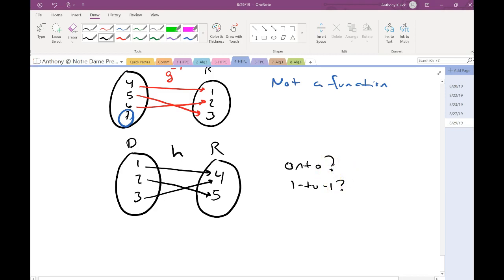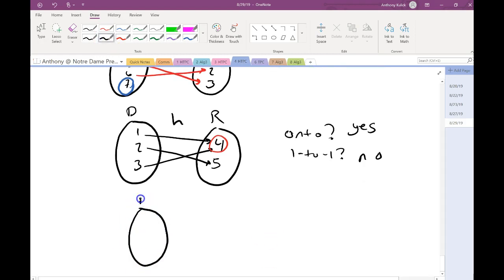Is this function onto? Yes, right? All the y's get used. Is it one-to-one? No. The issue being that 4 is used more than once. Everybody feel okay with that?